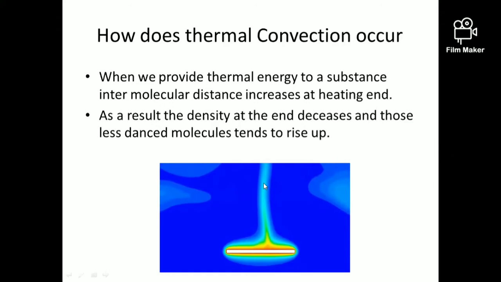We know that less dense substances tend to float. So in this case, you can understand that the less dense substance goes up. In the meantime, this area becomes a vacuum. Let's see how this affects the convection.